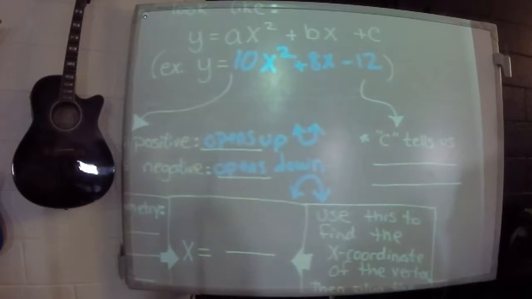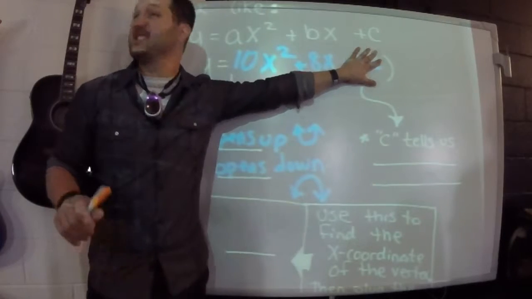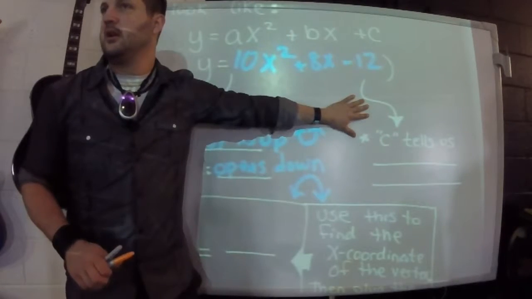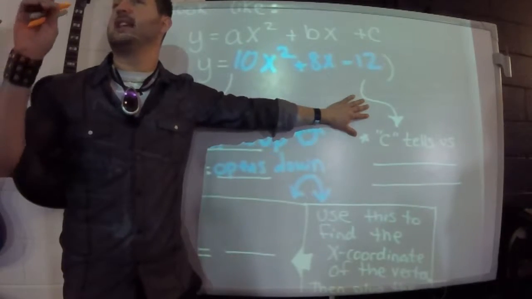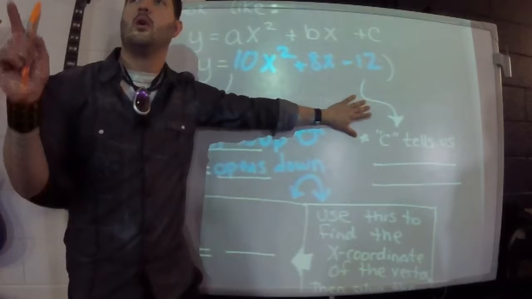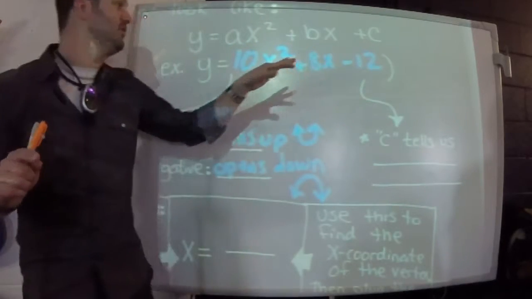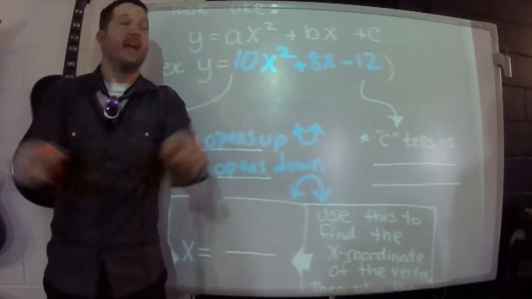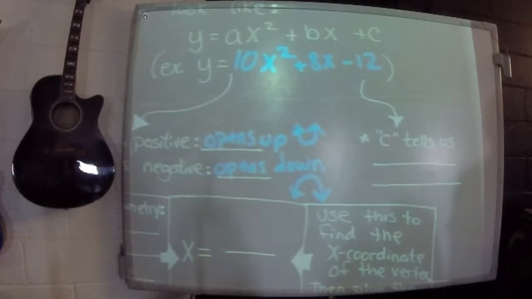Now we talked last week, this part you might not remember as much, but this number, the C, actually tells you something else. Where it touches, not the x-axis, but where it touches the y-axis. So when you put this negative 12 down here, this little U shape, it's a U because it's positive, it's going to cross the y-axis way down there at negative 12. So that's where it crosses the y-axis.